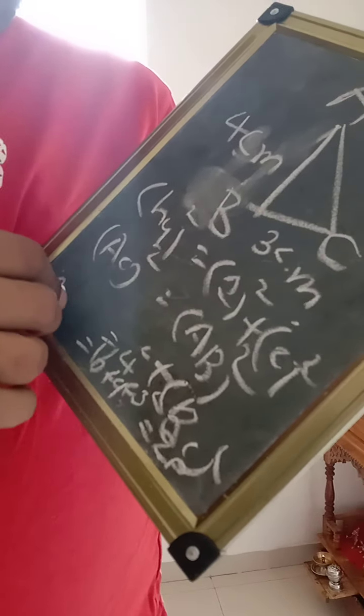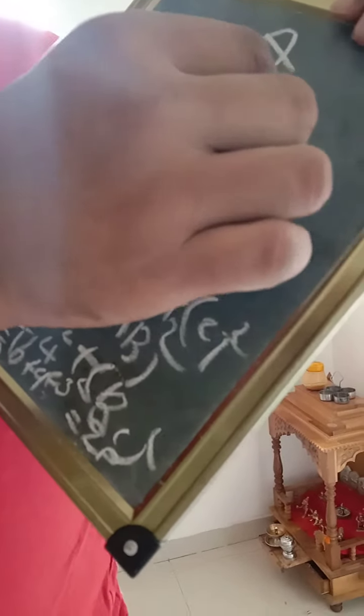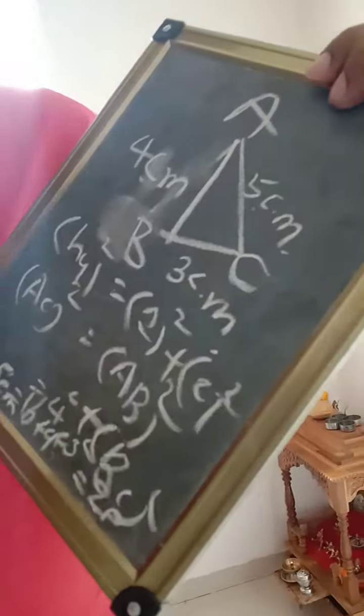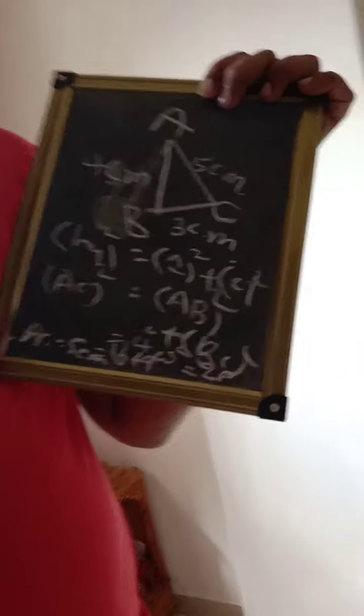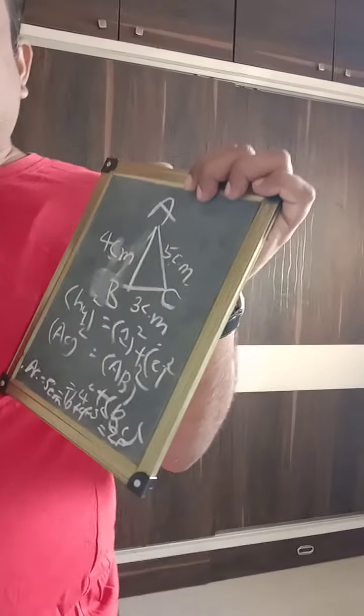Therefore AC equals 5 centimeter. So you can construct a triangle with AB 4 centimeter, BC 3 centimeter, and AC 5 centimeter.